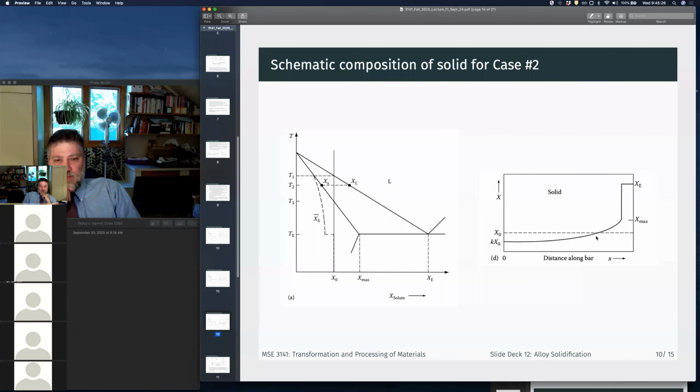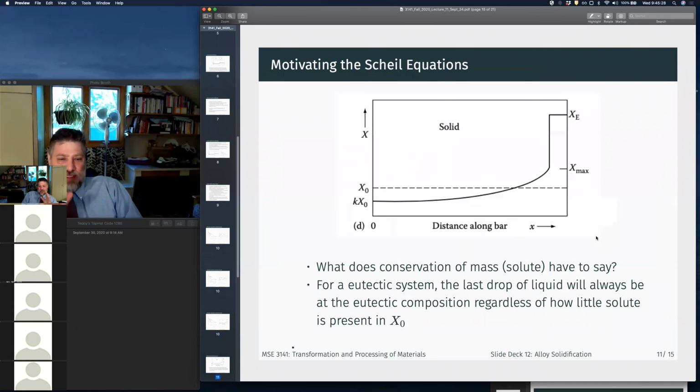I understand that this is kind of an abstract idea. You're not used to thinking about materials in necessarily this dynamic way. And in thermo, everything was equilibrium, everything is really slow.